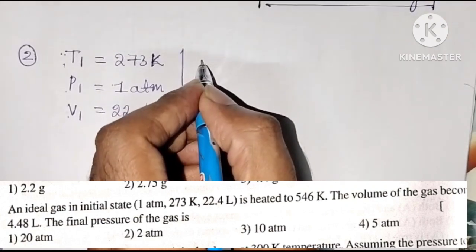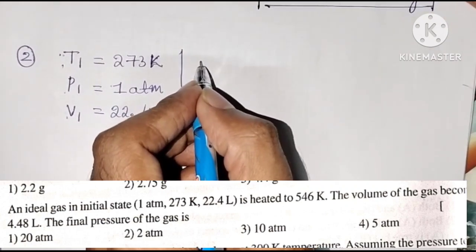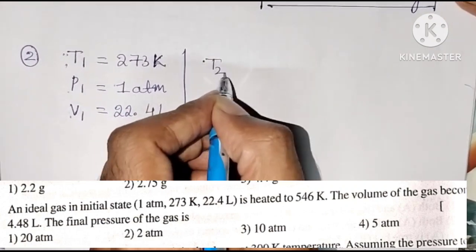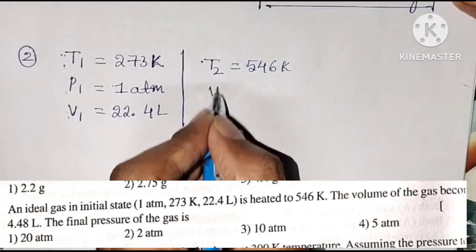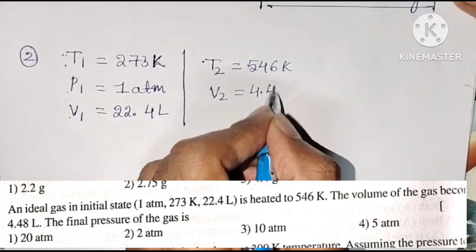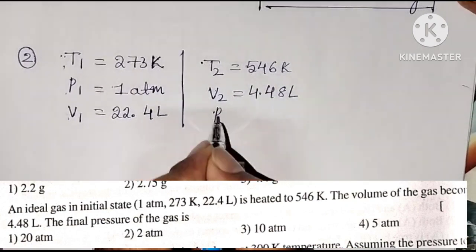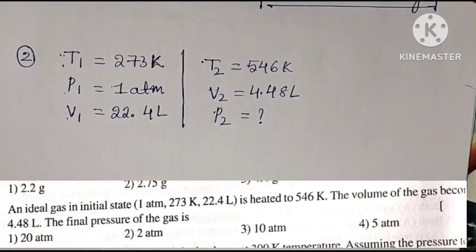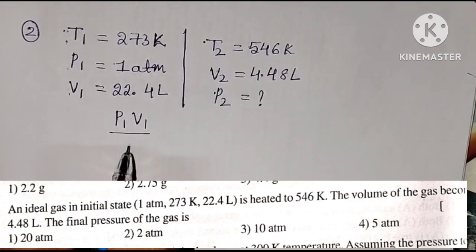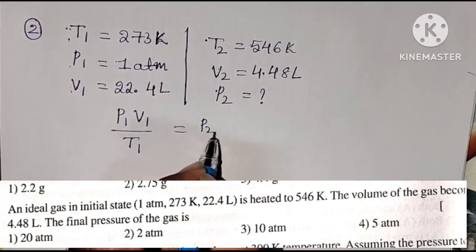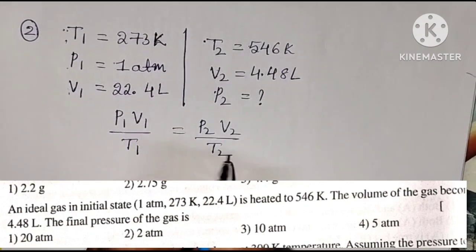And given that this ideal gas is heated to a temperature T2 equal to final temperature 546 Kelvin, and final volume V2 is equal to 4.48 liters. So we need to find final pressure P2. So just apply the ideal gas equation formula. P1 V1 by T1 is equal to P2 V2 by T2.